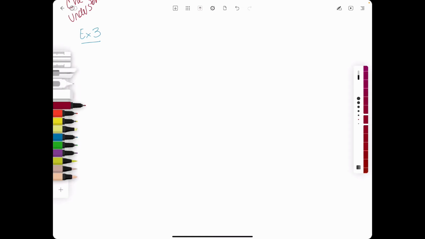Example 3. Does the following argument illustrate the law of detachment? That's what I want to know here. Let's go back to, we'll use blue still. Given. So here's your conditional. If it is snowing, then the temperature is less than or equal to 32 degrees Fahrenheit.